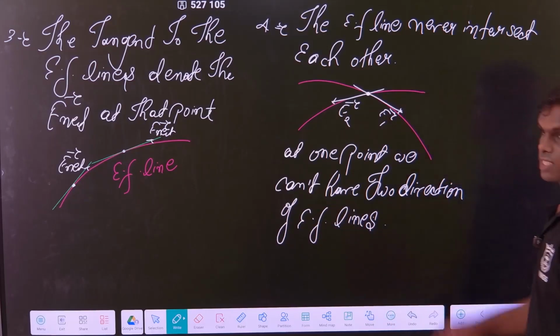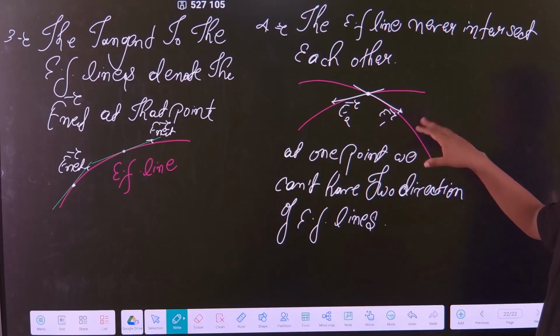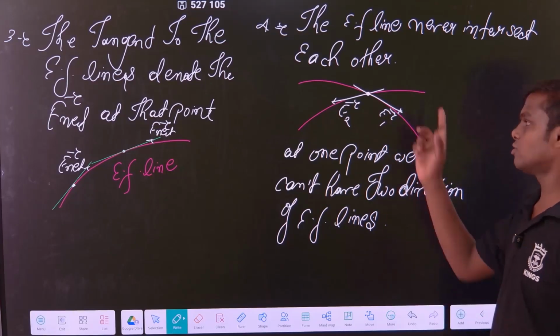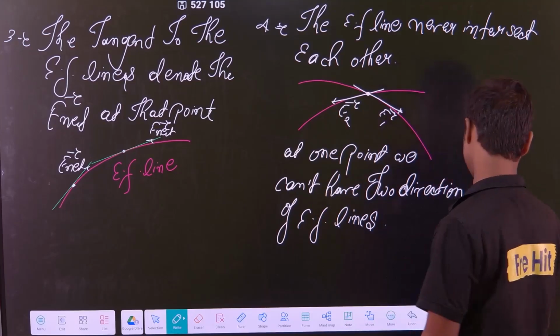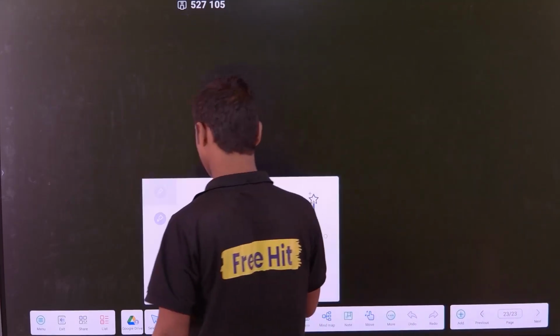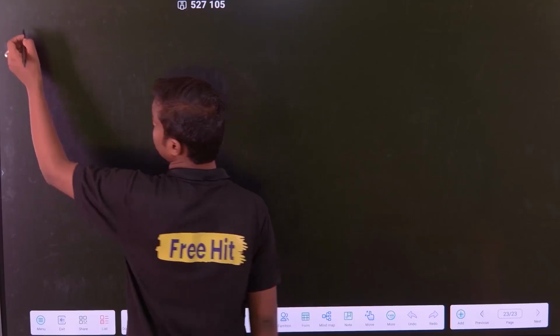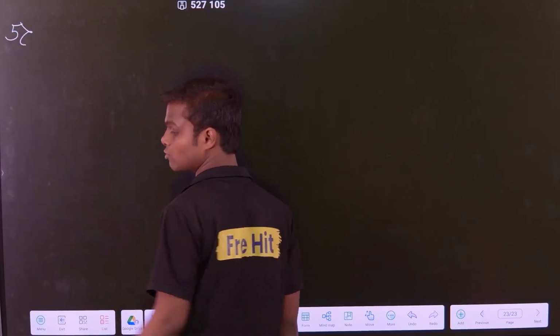Because at one point we can't have two directions of electric field lines, this is not possible. Means two electric field lines can never intersect each other. Clear? These properties are very important because JEE Advanced, JEE Mains, NEET always ask questions on these properties only.